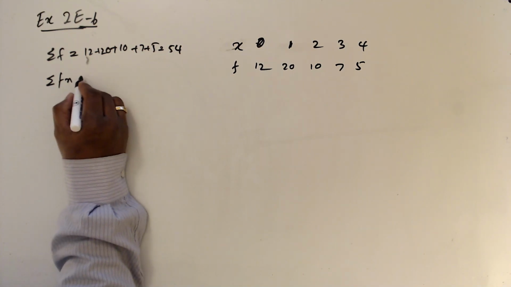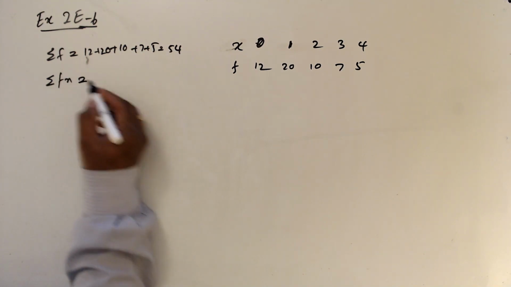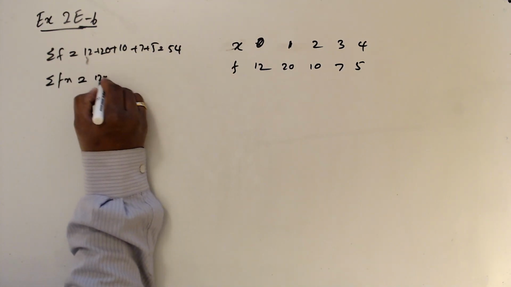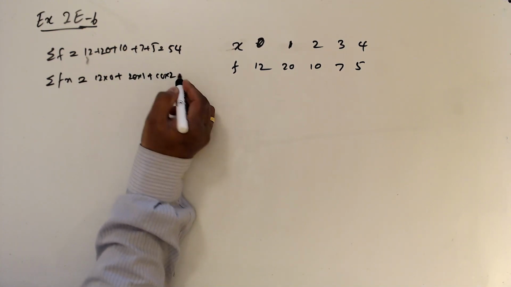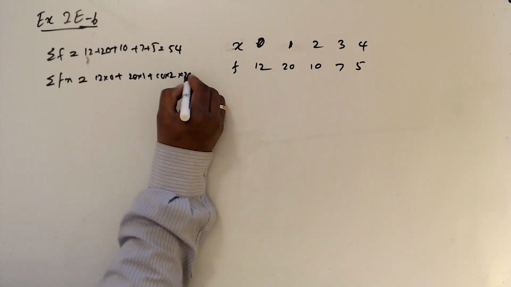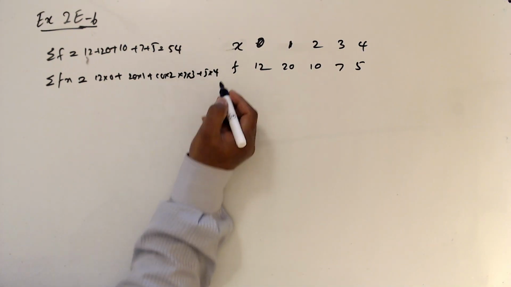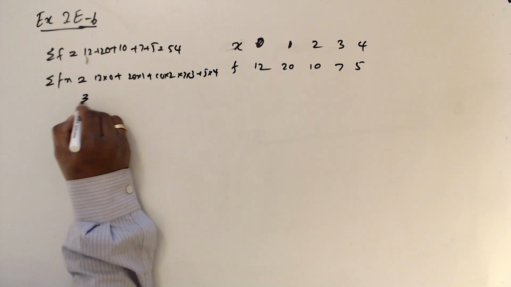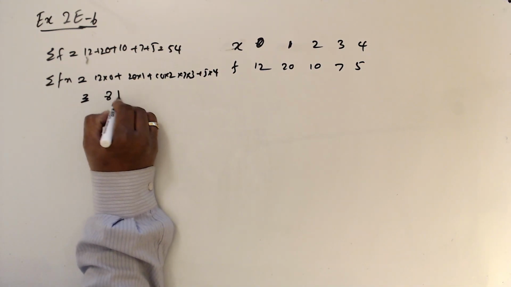Summation fx equal 12 times 0 plus 20 times 1 plus 10 times 2 plus 7 times 3 plus 5 times 4. So summation fx is going to be 81.